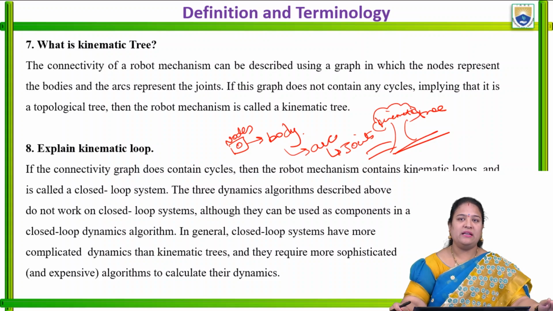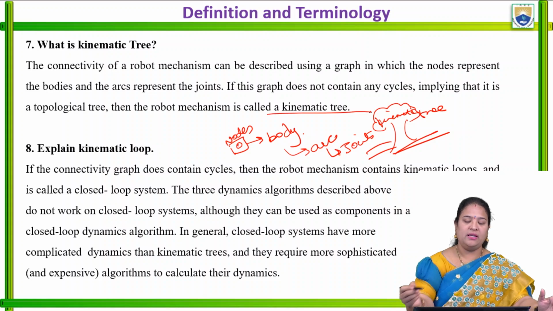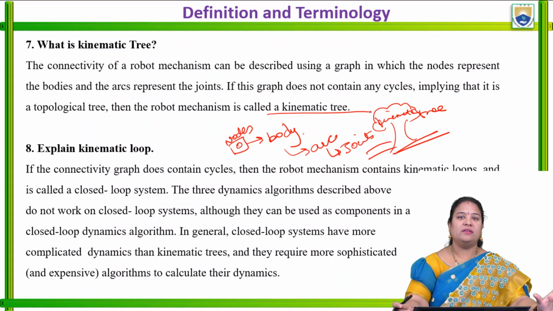Now, if this particular graph does not contain any cycles, then it is a topological tree, and the robot mechanism is called a kinematic tree.